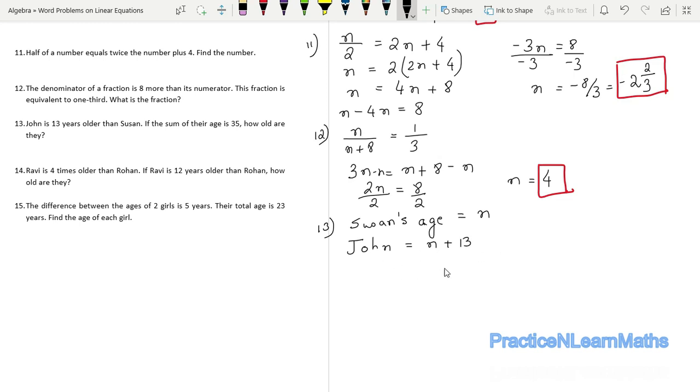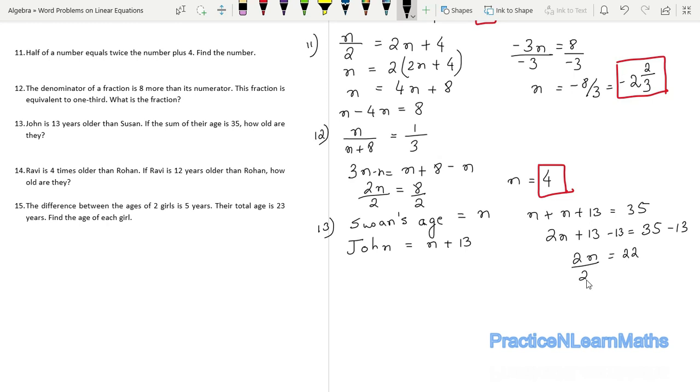Now the sum of their ages is 35. So n plus n plus 13 is equal to 35, or we get 2n plus 13 is equal to 35. Subtract 13 from both sides. We get 2n is equal to 22.